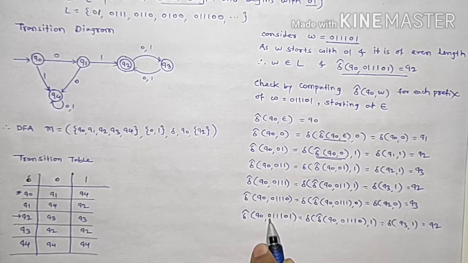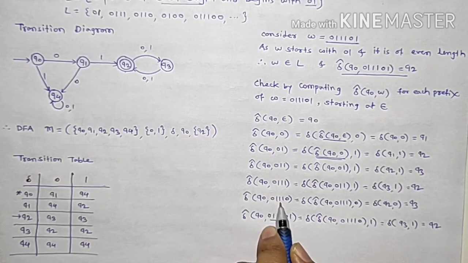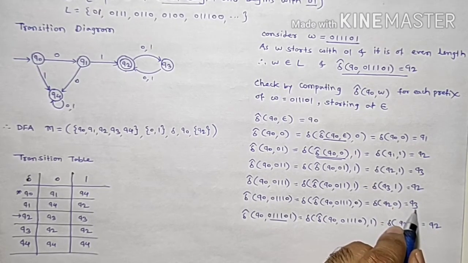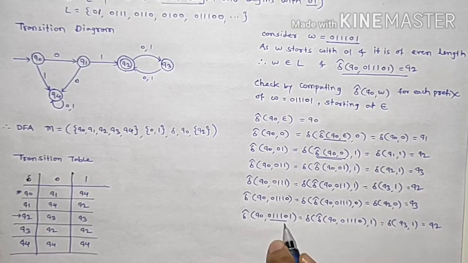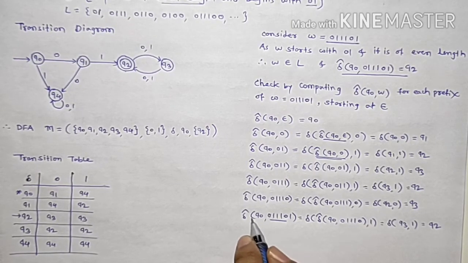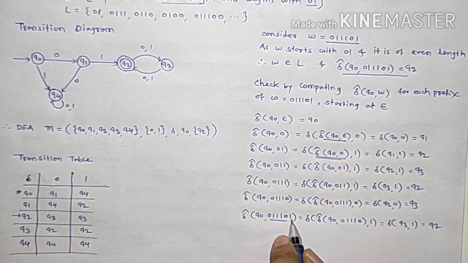Now delta cap of q0 on 0, 1, 1, 1, 0, already computed in the last step, its value is q3.